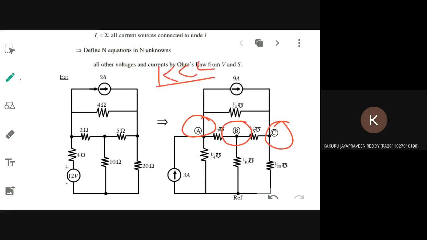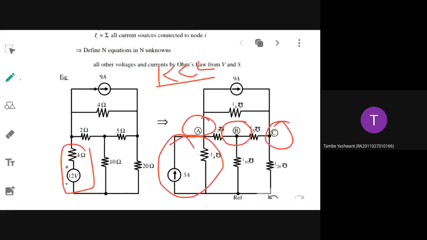Here you can see there is a voltage source in series with 4 ohm. That they have converted into what here? Ma'am, parallel one. Yesterday I taught you one technique, no? Current source we have. This technique is called what? Source transformation.